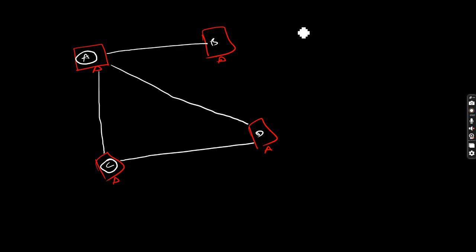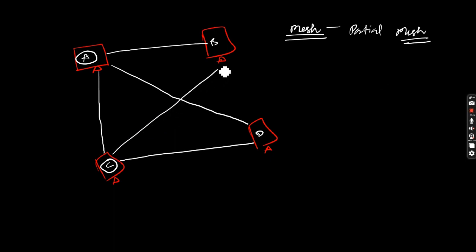This kind of topology is also considered as mesh only, but it will be considered as your partial mesh. If you are connecting this and this along with that, then it is going to be considered as your full mesh topology. So make sure in mesh topology you have two things: partial mesh and full mesh.